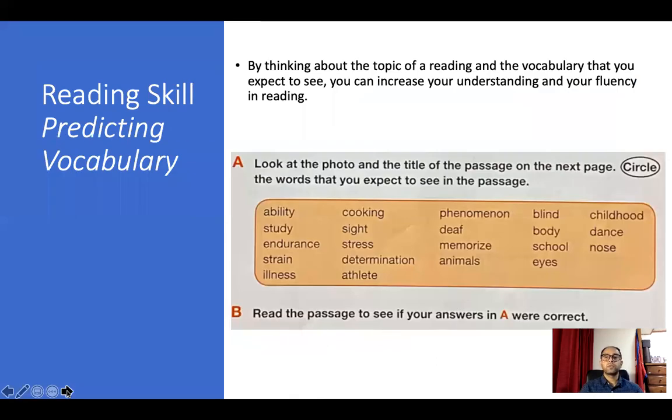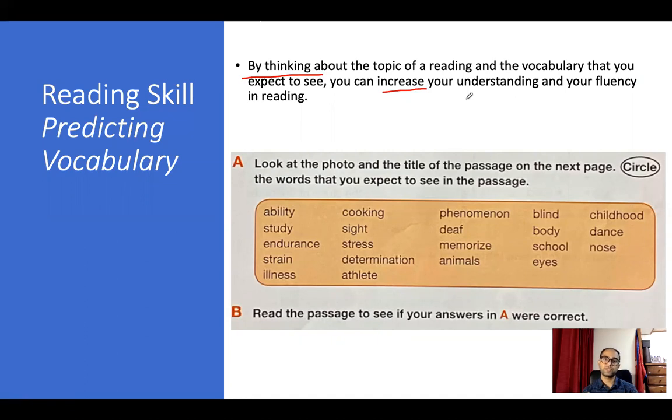In the next exercise, we are going to focus on a reading skill called predicting vocabulary. By thinking about the topic for reading and the vocabulary that you expect to see, you can think about these types of words that will make you better in your understanding and fluency.